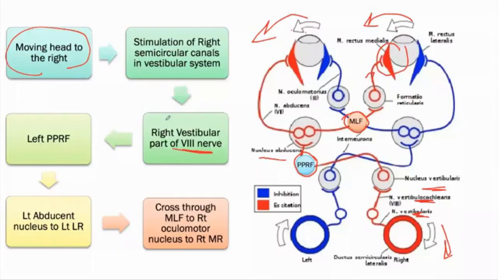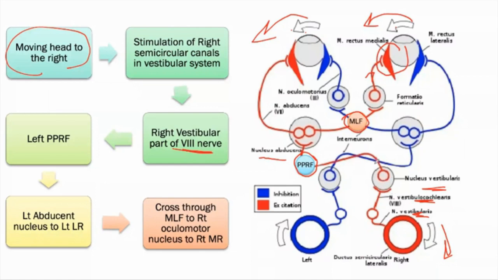Let's repeat this again. By moving the head to the right, this will stimulate the vestibulo-ocular reflex. The afferent pathway will be through the vestibular nerve of the vestibulocochlear nerve, which will be stimulated by movement of the semicircular canals in the vestibular system.